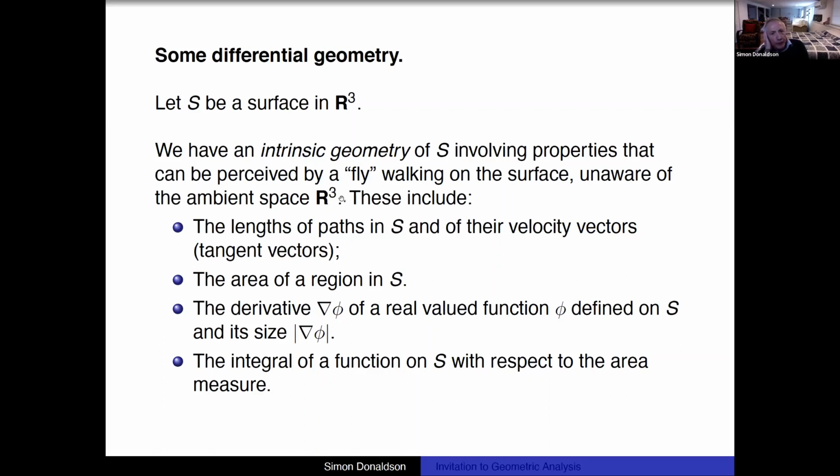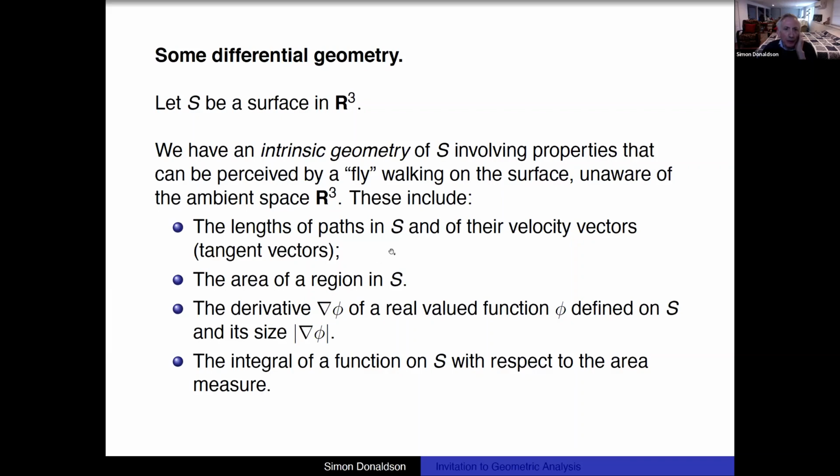The fly could measure the lengths of paths in the surface, and work out the velocity vector of a path, which would be a tangent vector to the surface. He could understand the area of a region in the surface, the derivative of a function defined on the surface, the size of the derivative at a point, and also the integrals of functions on the surface with respect to the area measure. So these are all intrinsic objects.